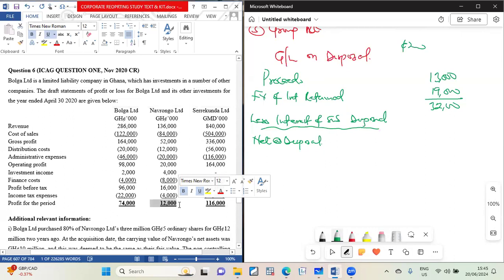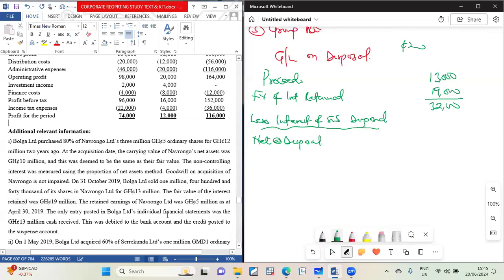Please bear in mind that it's very, very important. Then we need the retained earnings, which is at reporting, becoming the one at disposal. So how do we find those ones? Let's go and see how we come about them, because they need to give us some information about those retained earnings that you see. All right, so we need to find that.